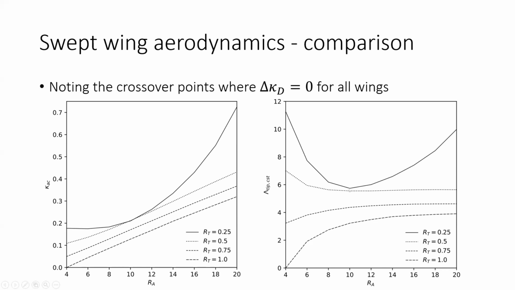This line is the point where a crescent wing will become more aerodynamically efficient than a wing with constant sweep. So if we take a little exercise, we have a wing with taper ratio 0.25.